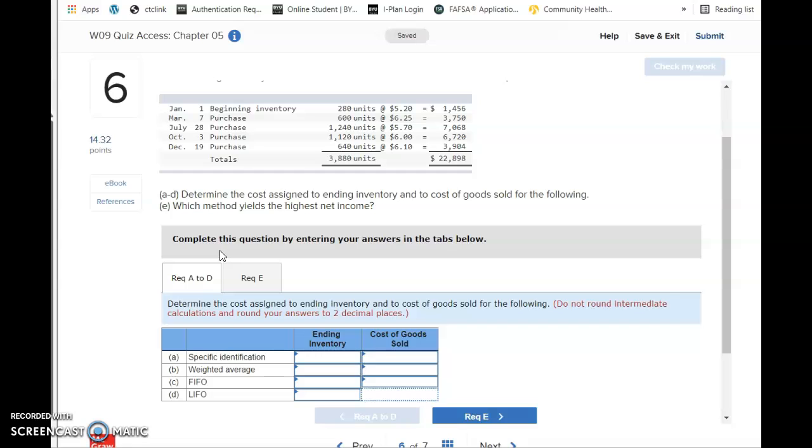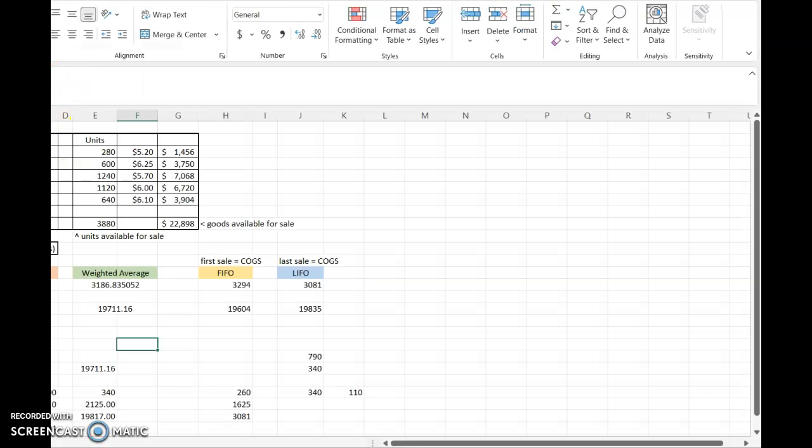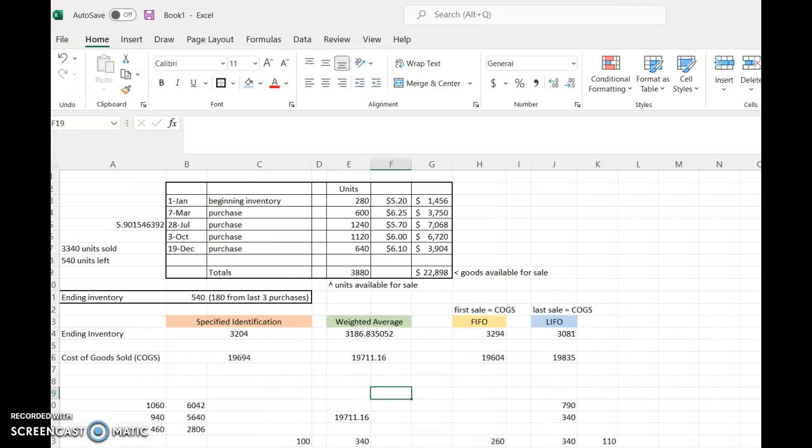We need to find the ending inventory and the cost of goods sold for parts A through D, so we're going to do that for the specific identification, the weighted average, first in, first out, and last in, first out. I'm going to go over here to my Excel spreadsheet so you can see.